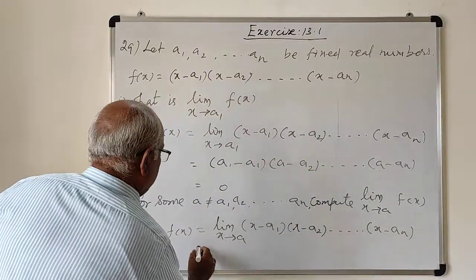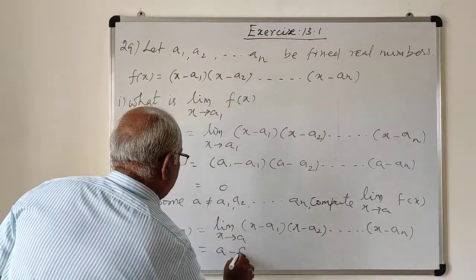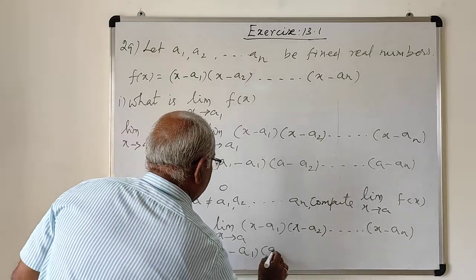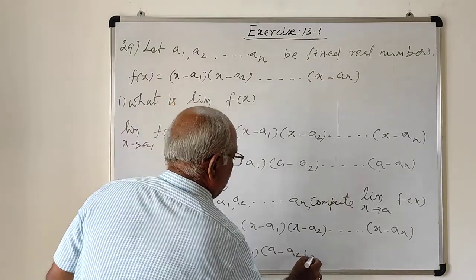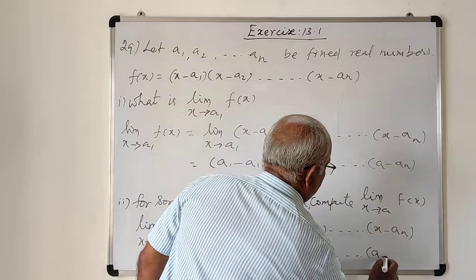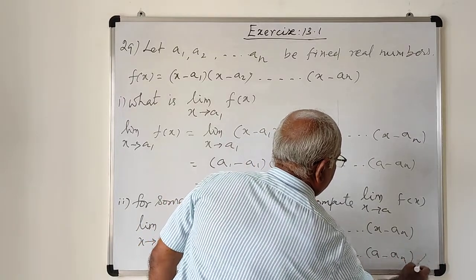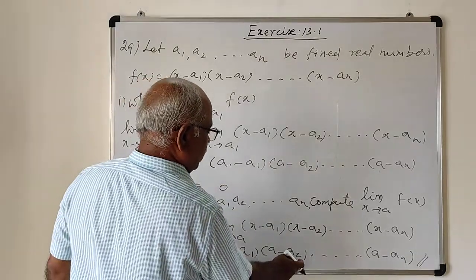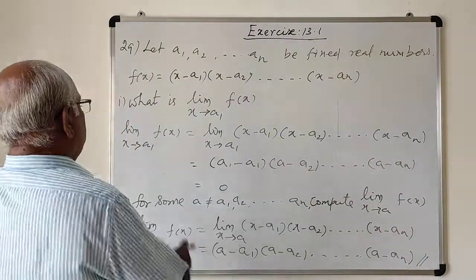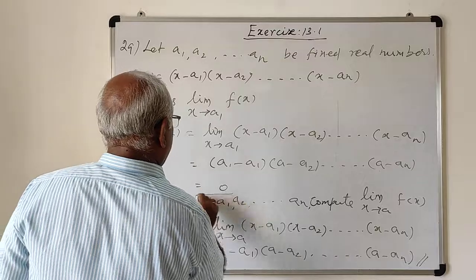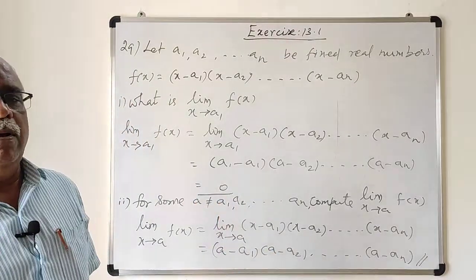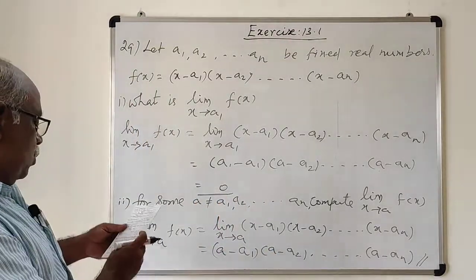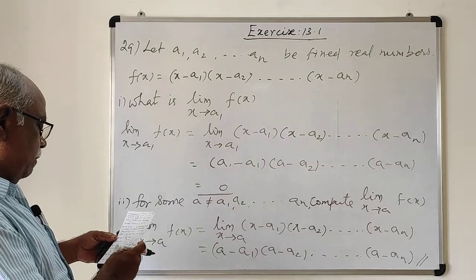Substituting x for a, you will get a minus a1 into a minus a2 etc. into a minus an. That's all about the problem. The limit as x tends to a of f of x is a minus a1 into a minus a2 etc. into a minus an. The limit as x tends to a1 of f of x is 0. These are the two problems. That is problem number 29.